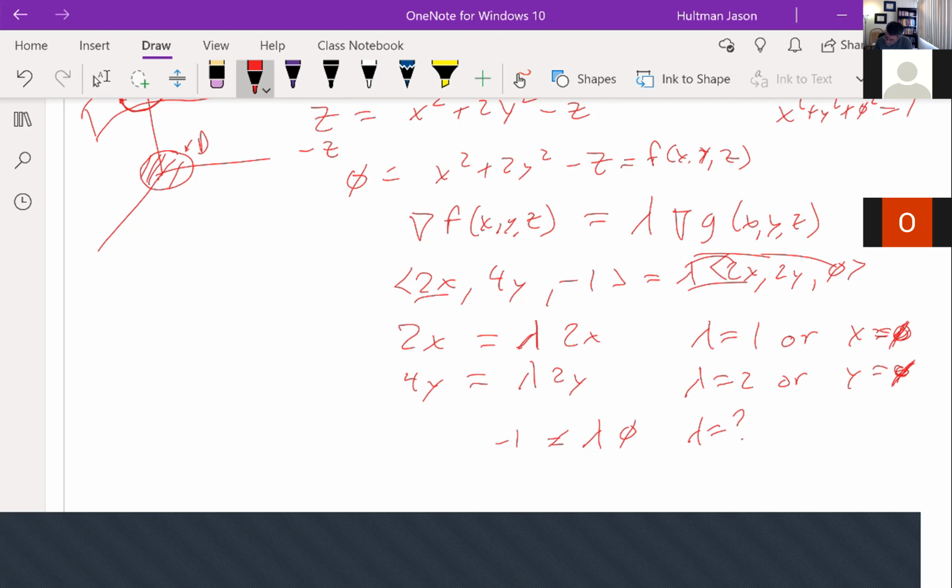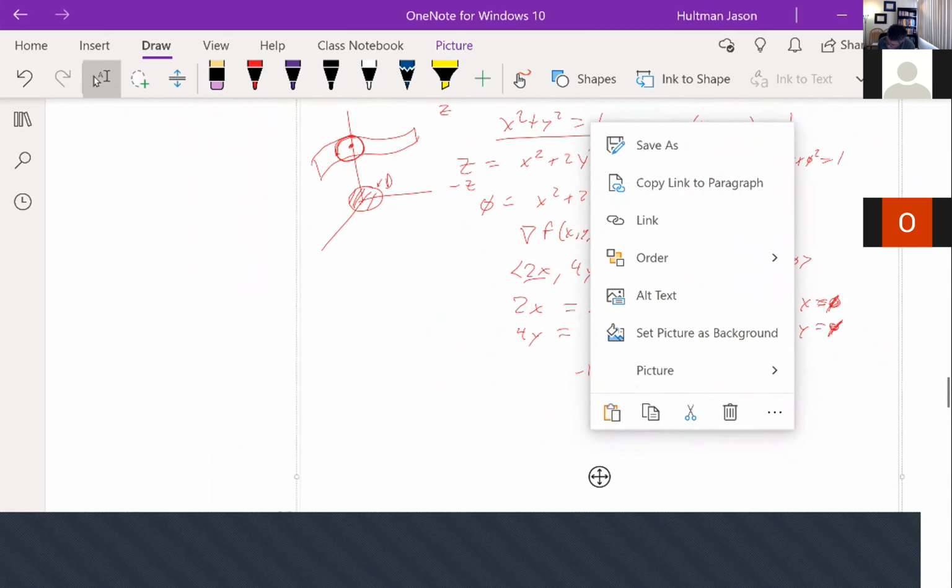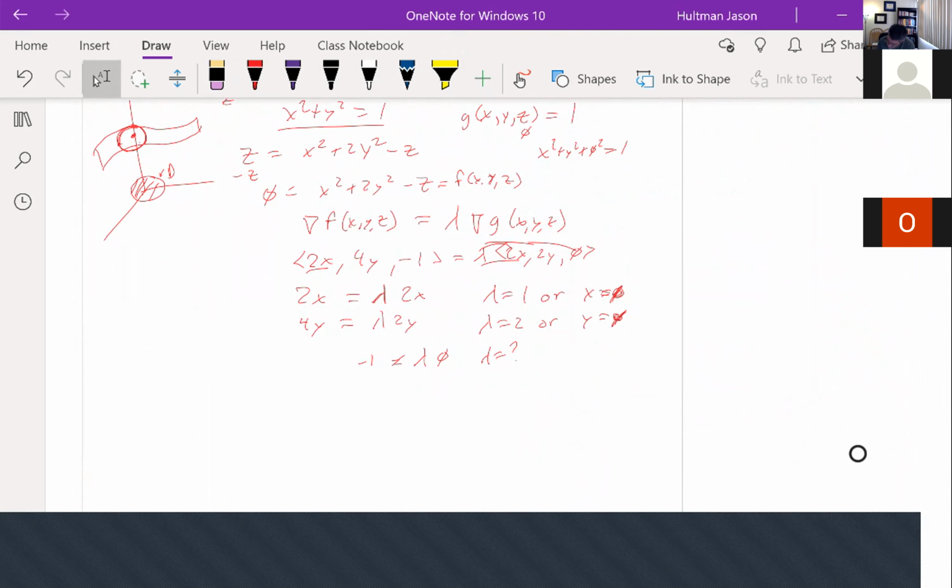So we're going to test these cases independently of each other. We're going to kind of narrow this down. Because lambda, we don't know what lambda is.